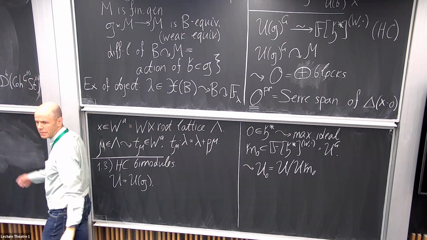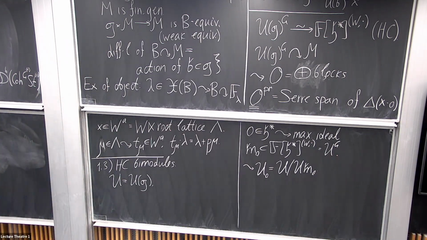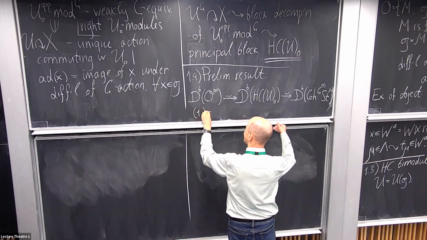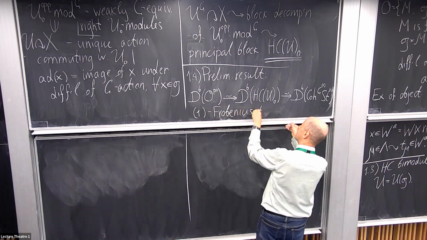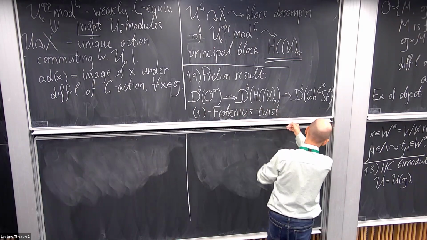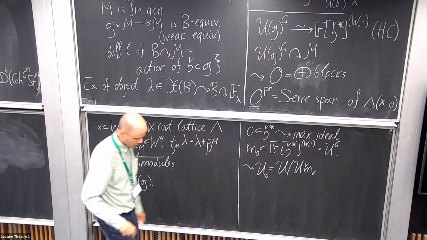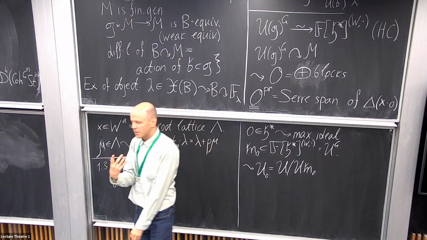So what does this mean? So this 1 is a Frobenius twist. So what is this about?